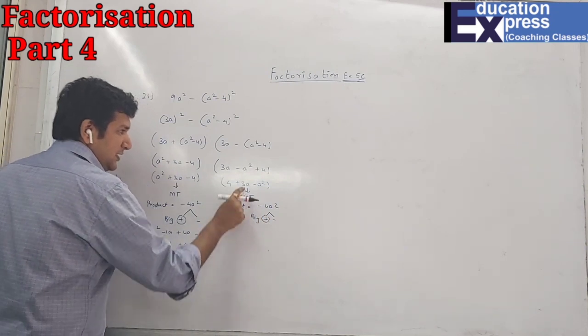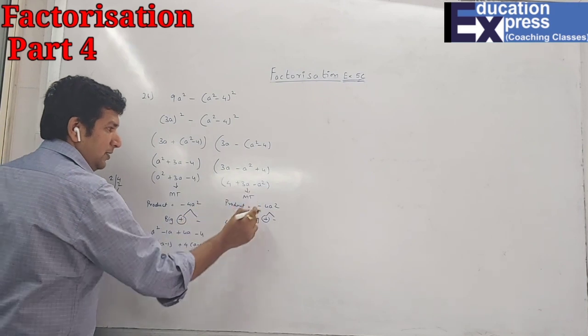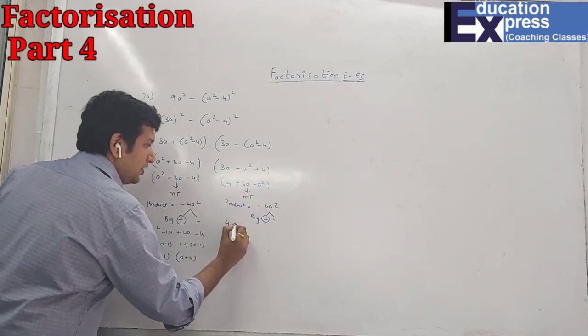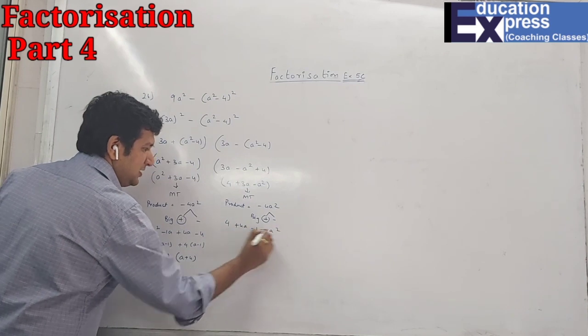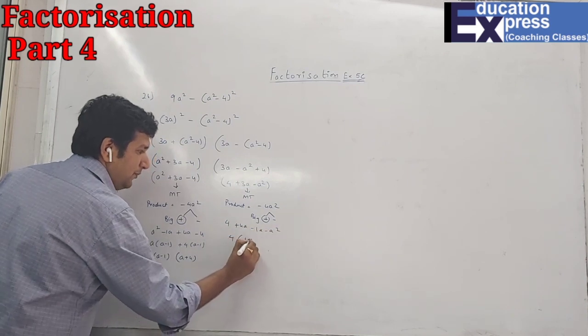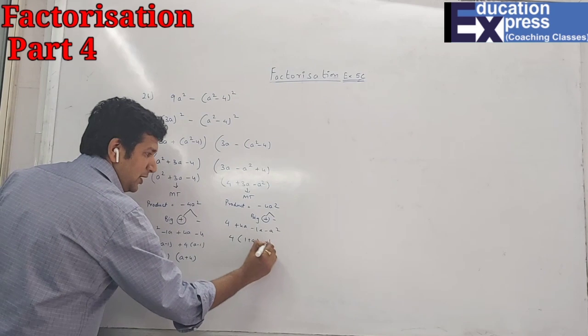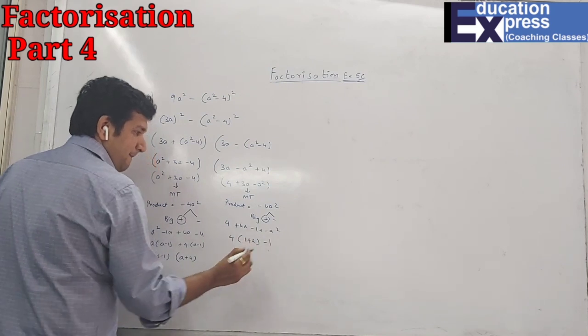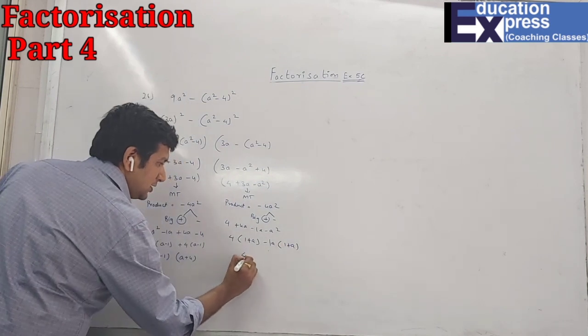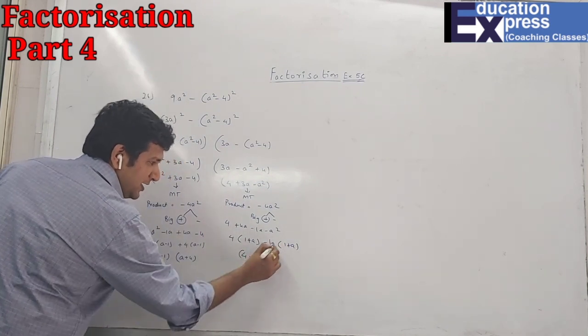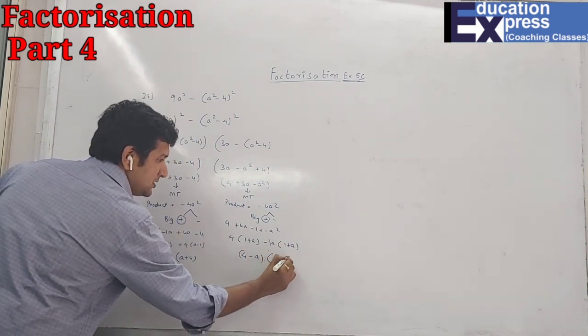So 4 plus 4a minus 1a minus a square. 4 common, (1 plus a), a common, (1 plus a). So the answer is (4 minus a)(1 plus a).